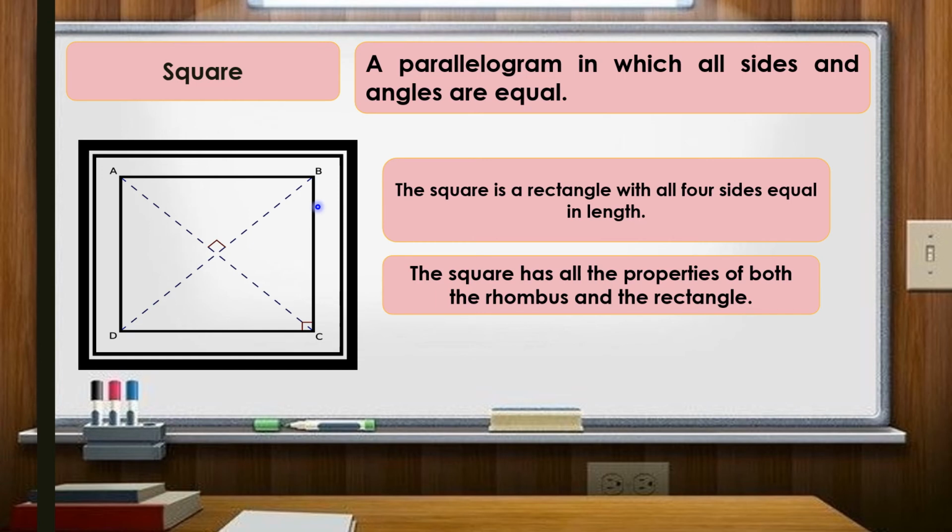All angles of the square are 90 degrees, as you can see on this figure. And all sides of it are equal and parallel to each other. So some mathematicians call the square a perfect quadrilateral.